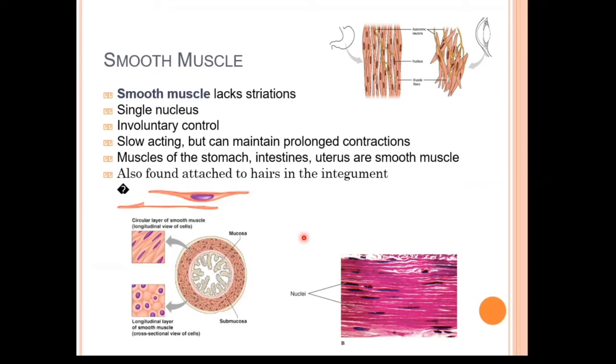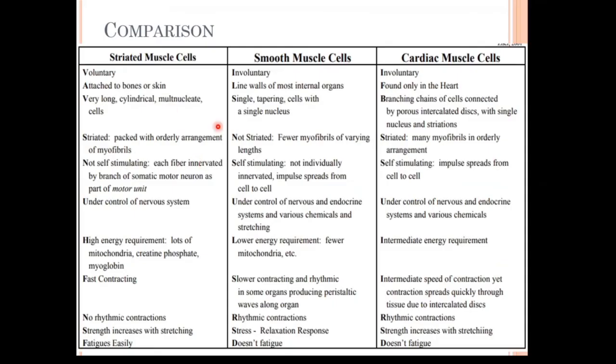Right, so these were the three types, and in the next slide there is a comparison table between the three types of muscles. Here you see the striated muscles, smooth muscles, and cardiac muscles, and their comparative characteristics are given opposite each other. So you can go through these characteristics by yourself, and they're quite self-descriptive.